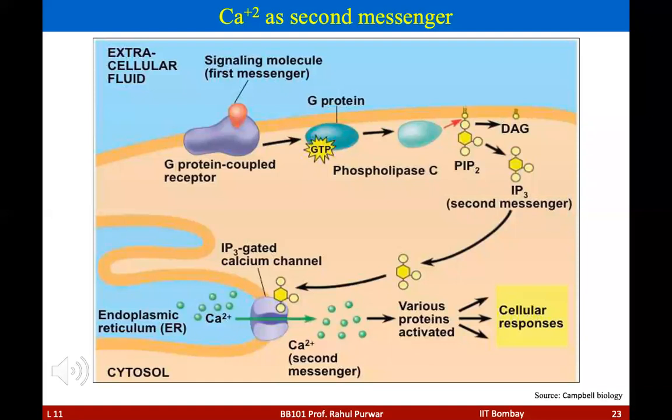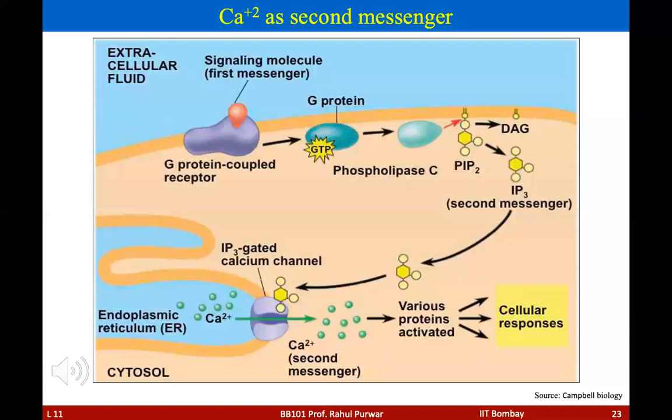So once the signaling molecule as a first messenger binds, here you see this puts in a cascade of phosphorylation, and after the phosphorylation the second messenger comes as inositol triphosphate, which again induces various protein activation, or those relay protein activation, and ultimately leads to the function. Okay. And then calcium ion also sometimes acts as a second messenger, because these calcium ions again will activate various proteins and ultimately lead to the cellular response.